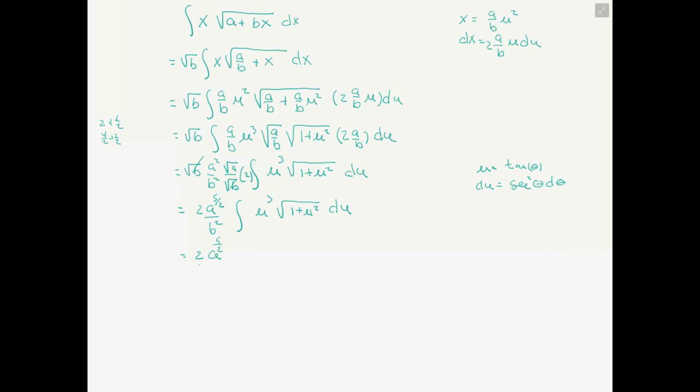And we have 2a to the 5 halves on b squared.